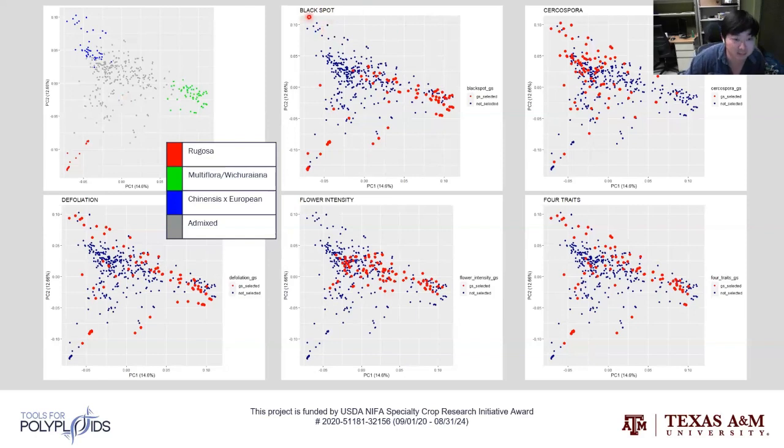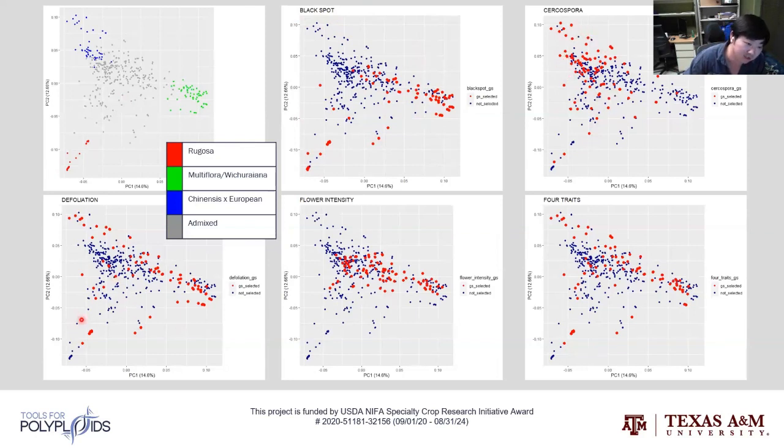So for instance, here in black spot, what we see is that the individuals that had the most favorable alleles came from the rugosa types, from the multiflora witchiana types, and some from the admixed. Looking at Cercospora, we see it coming from the chinensis and European material.